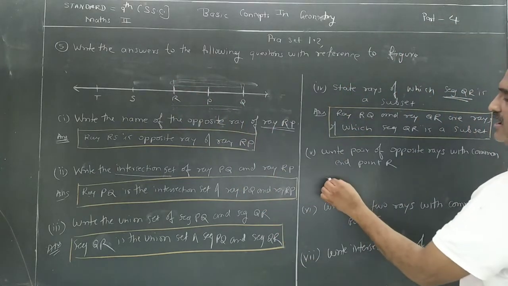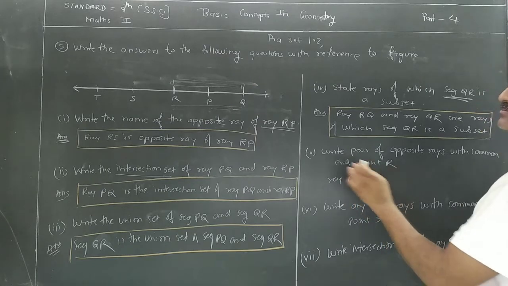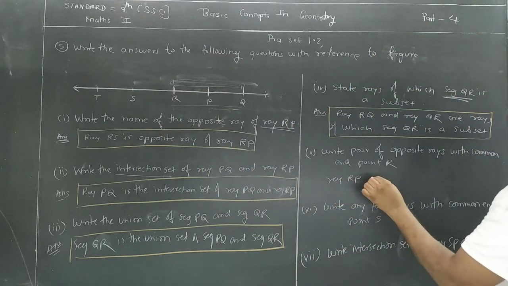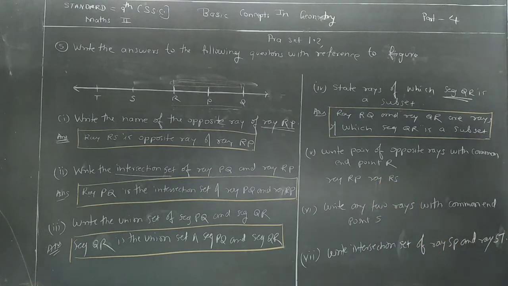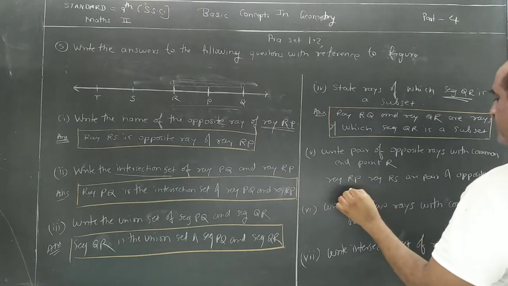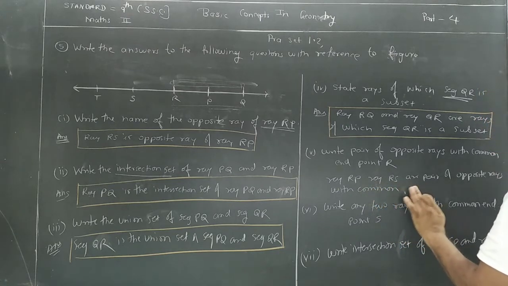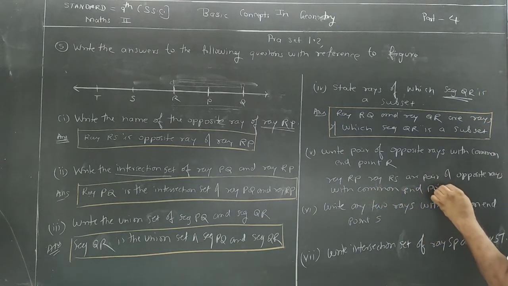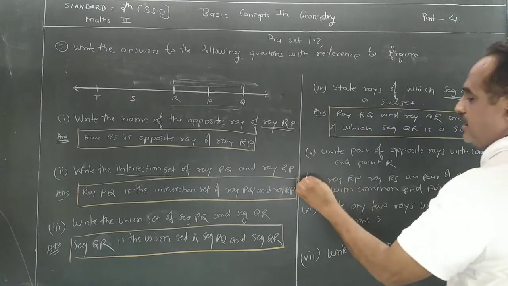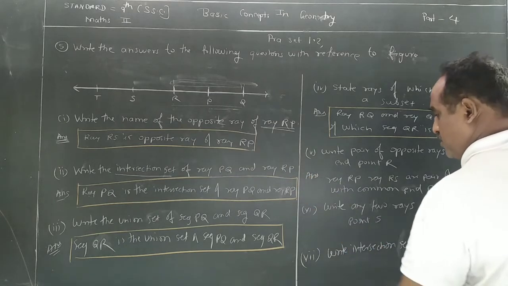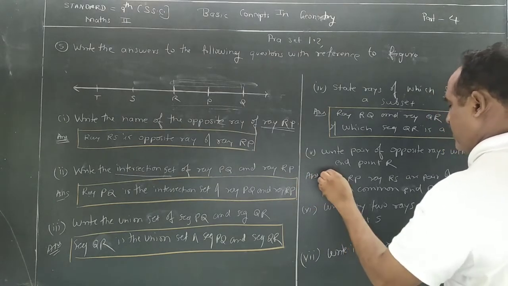So ray RP and ray RS are pair of opposite rays with common endpoint R. Common endpoint R is the answer for the question number 5.